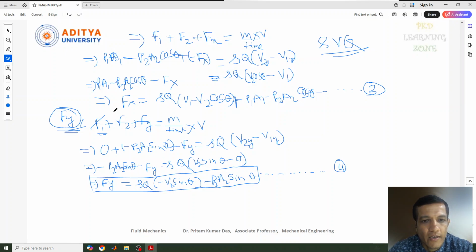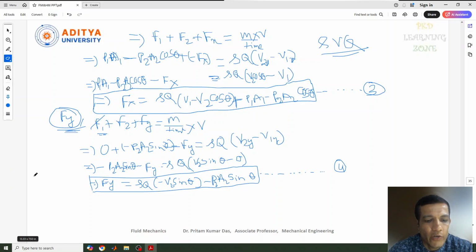I hope you understand. This is the force in the x direction. Now we need to find out the resultant force. As per our definition, we can find the net or resultant force equal to root over of the force in the x direction squared plus the force in the y direction squared.